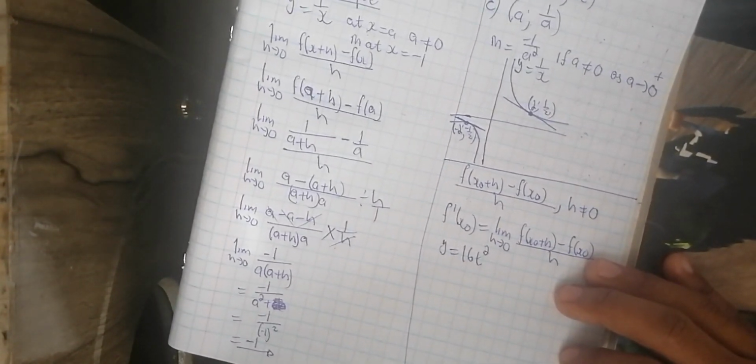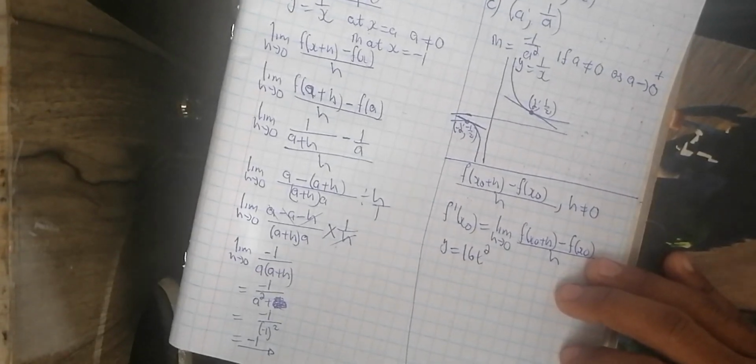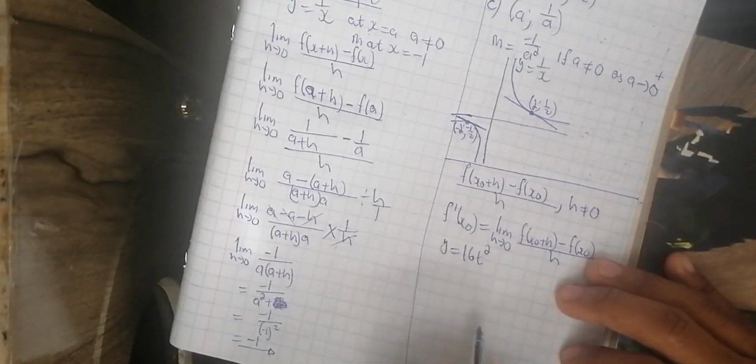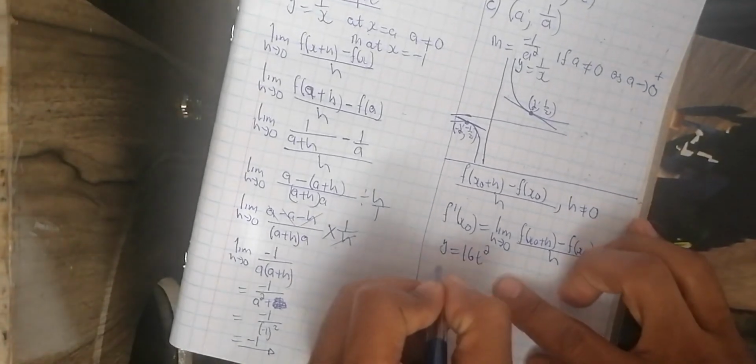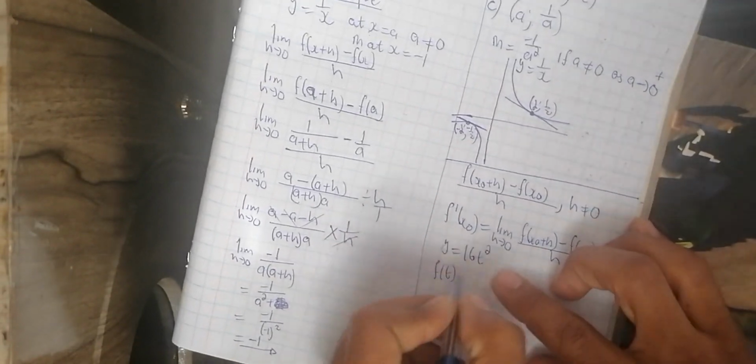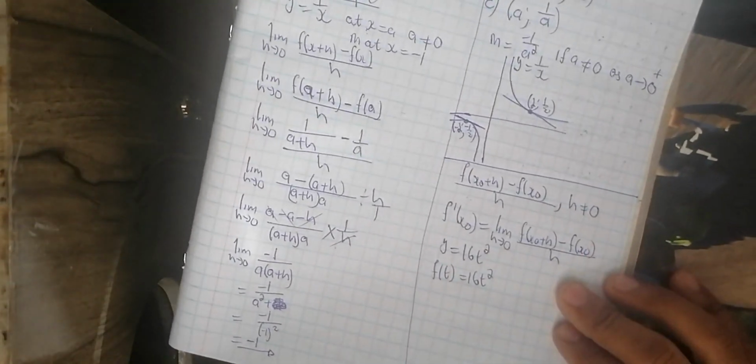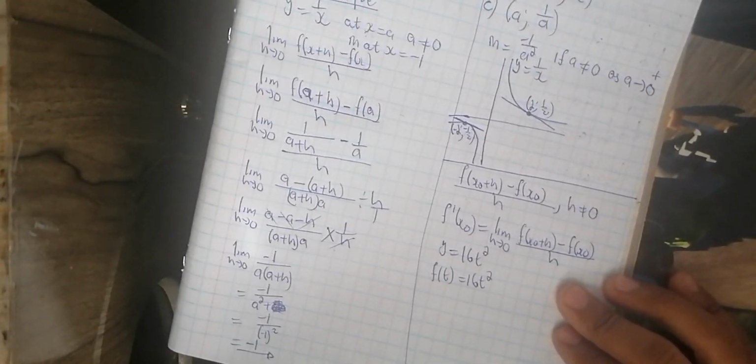Okay, remember we are given y equals 16t squared, so we are going to differentiate our y with respect to t. So I'm going to say f at t is equal to 16t squared. Okay, that is fine. And remember what they said, the average speed of the rock over the time intervals.